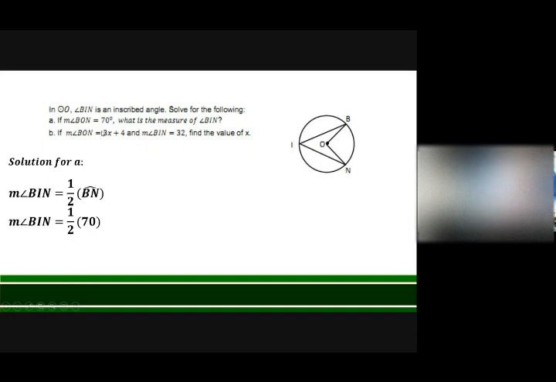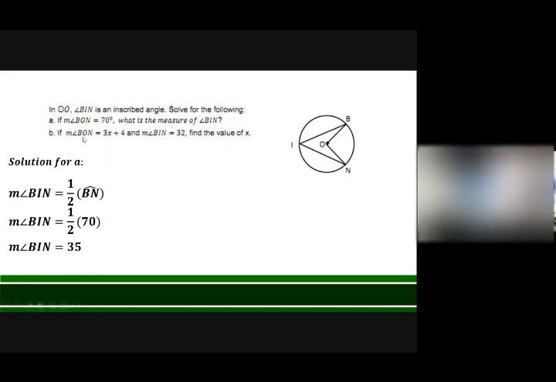No? Yung BON daw natin ay 70. Kung 70 ang BON natin, therefore, yung arc BN na meron tayo ay 70 also. So, para makuha natin yung inscribed angle, we'll just simply divide arc BN by 2. No? Or multiply it by 1/2. So, the angle BIN is equal to 35. Okay. So, meron na tayong value ng BIN.